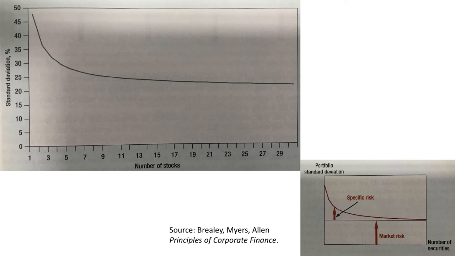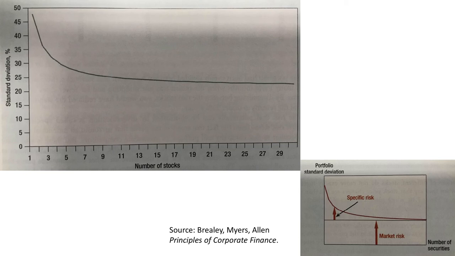My risk or my standard deviation will be less than the average of the standard deviations of the 2 stocks. It looks like in this particular diagram, the 2 stock portfolio is going to get me a portfolio standard deviation of something like 47% or 48%.